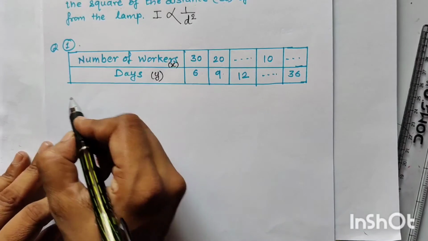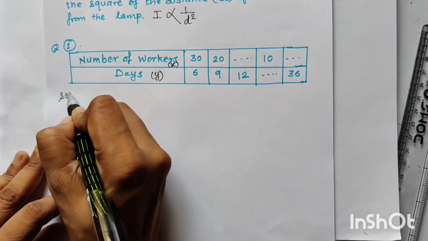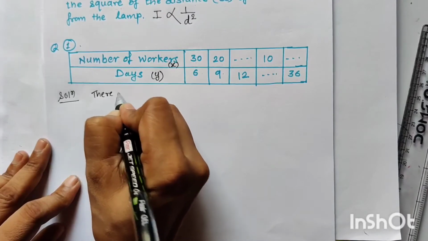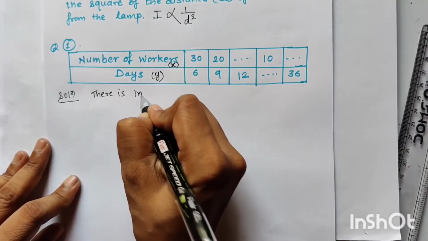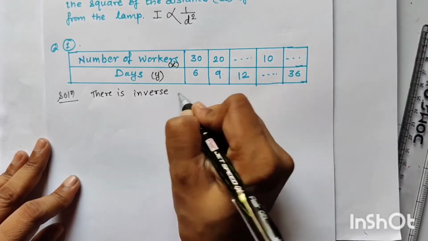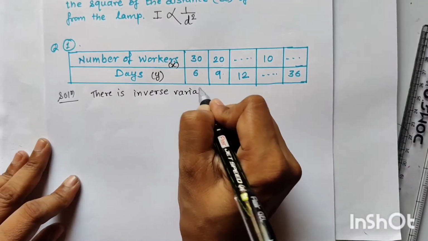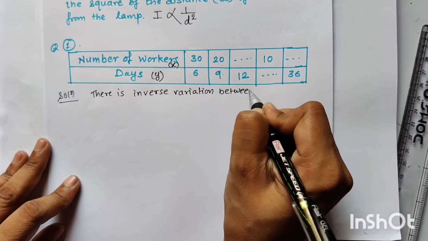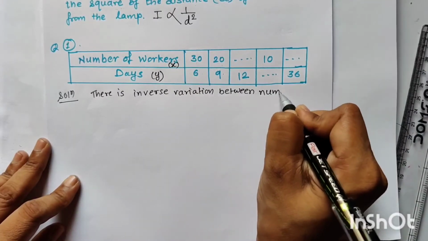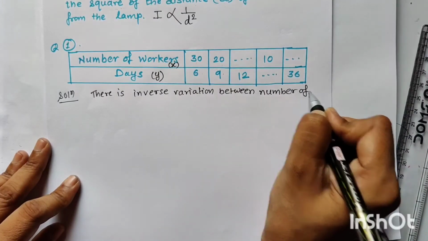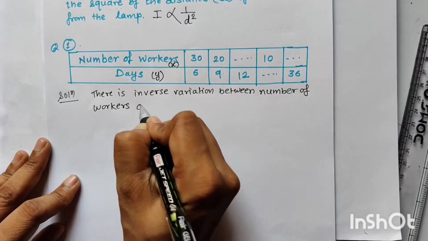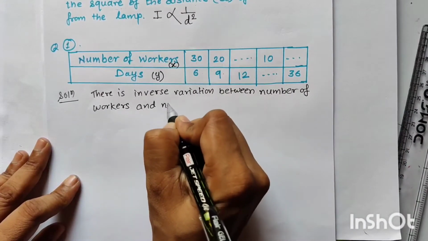So here I can write the solution. There is inverse variation between number of workers and number of days.